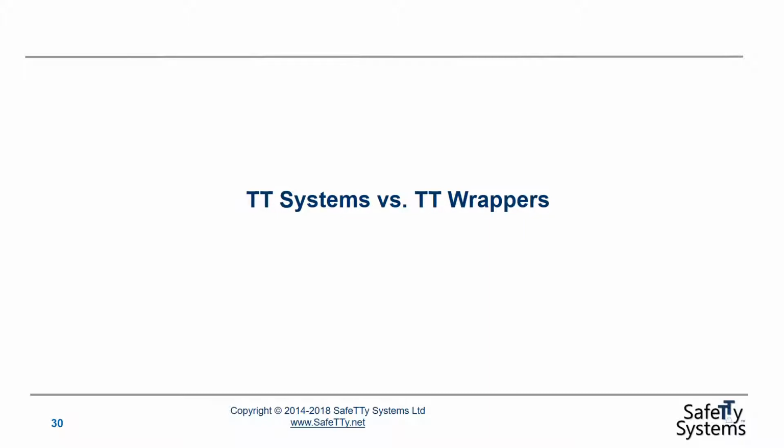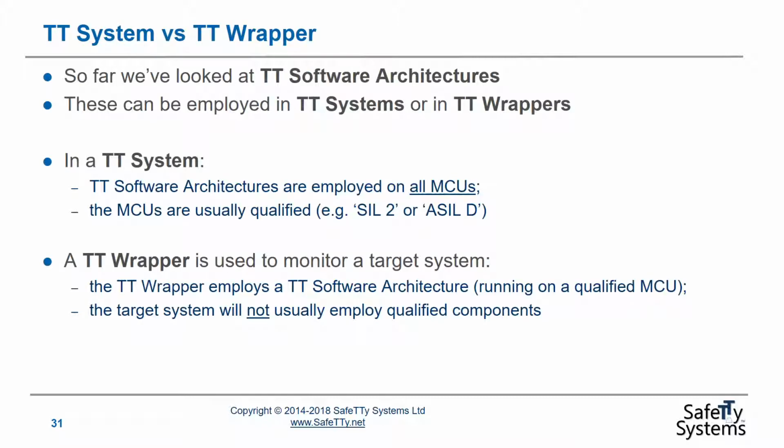So let's now turn our attention to the difference between TT systems and TT wrappers. So far we've looked at time-triggered software architectures. These can be employed in TT systems or in TT wrappers.